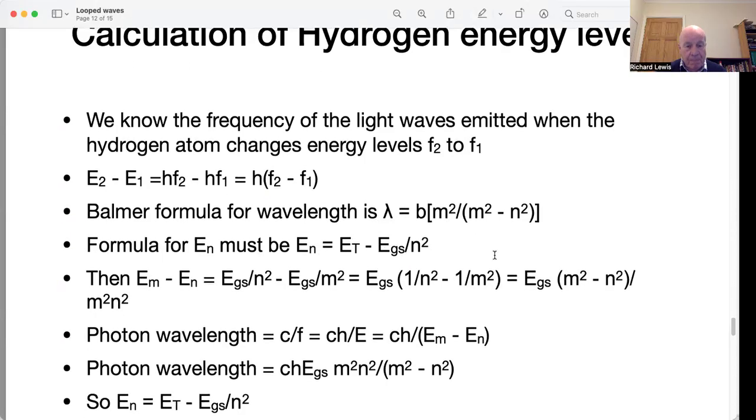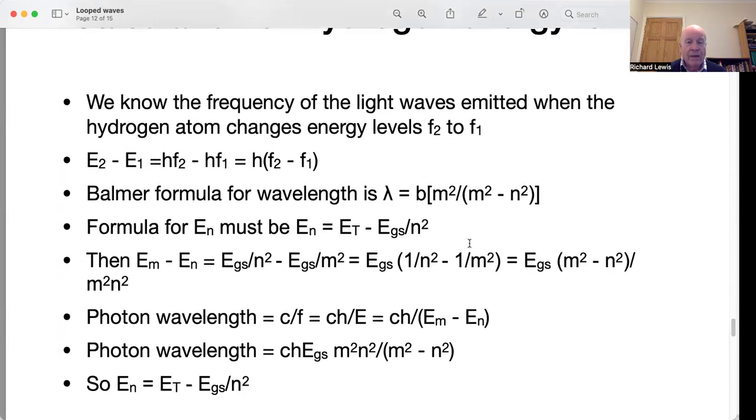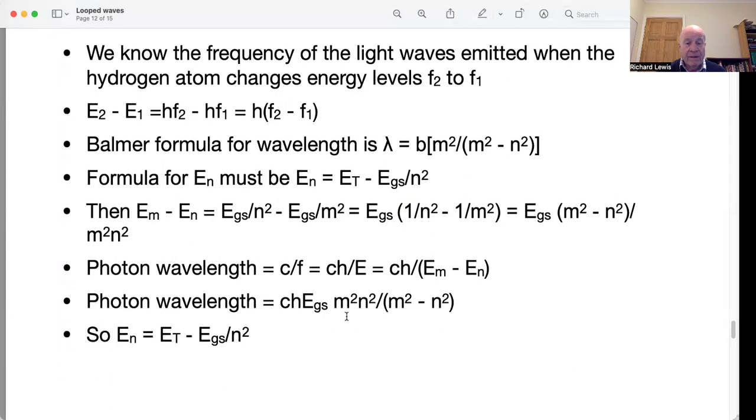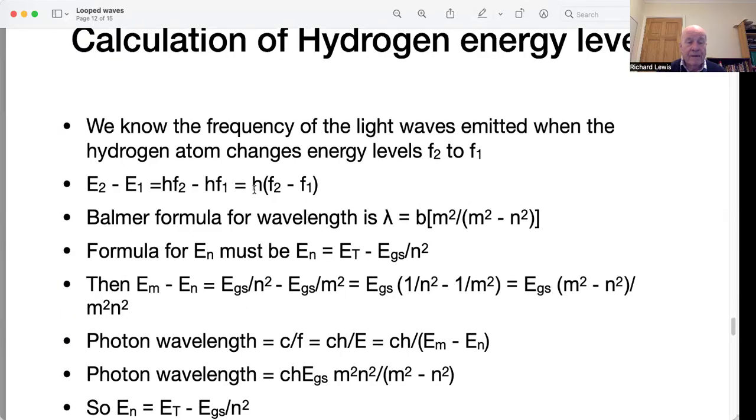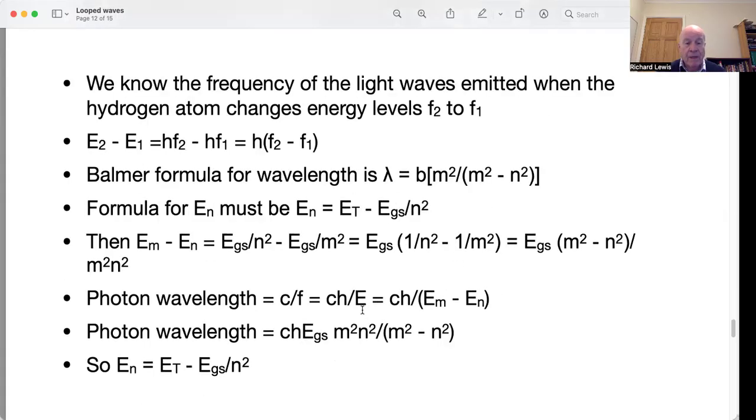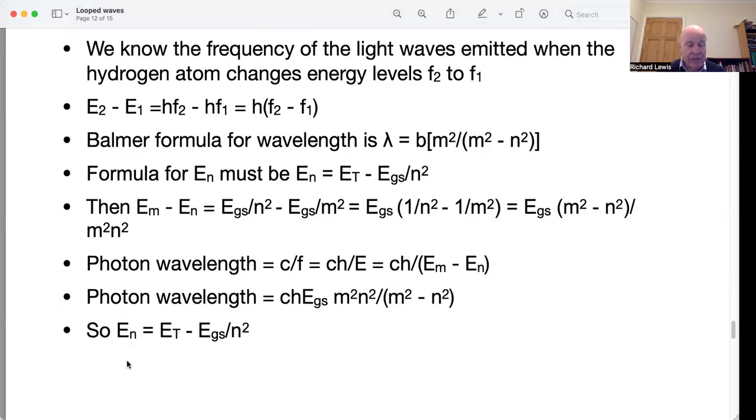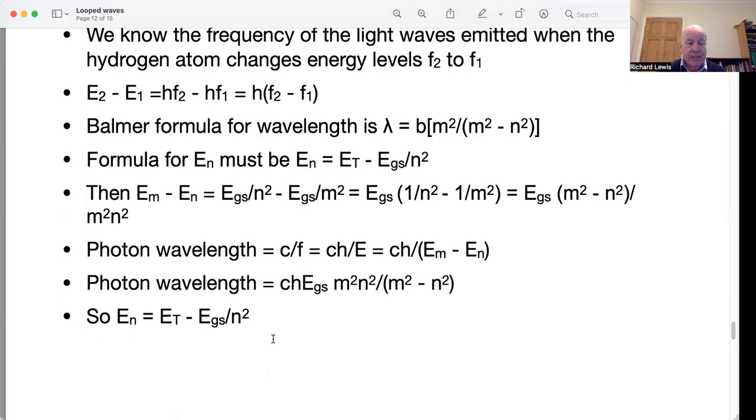And the rest of this page is describing how that calculation, how that formula, using m and n, results in the Balmer formula for the wavelength of the change in energy level, hf2 minus hf1. So at the end of this page, we've established that the energy of the nth level is of the form ET minus EGS over n squared.